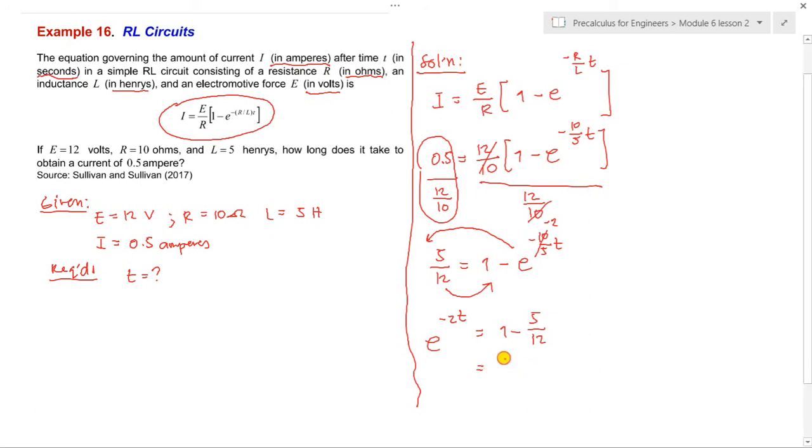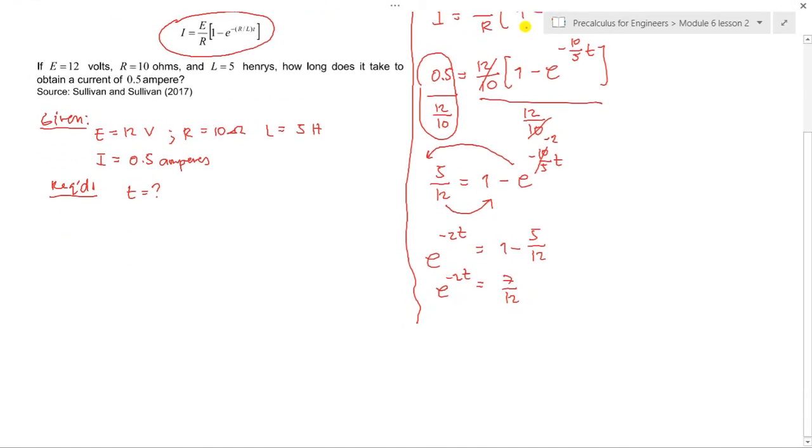So this one is 7 over 12 equals e raised to negative 2t. This is the exponential form. Converting this into logarithmic form, since it uses the natural number e, we use the natural logarithm.